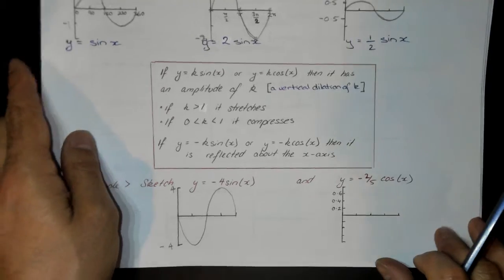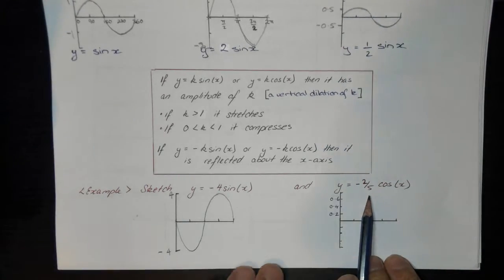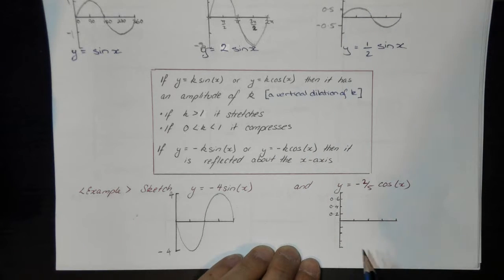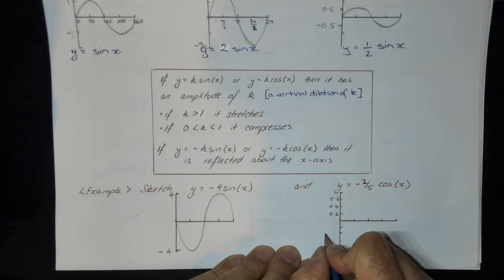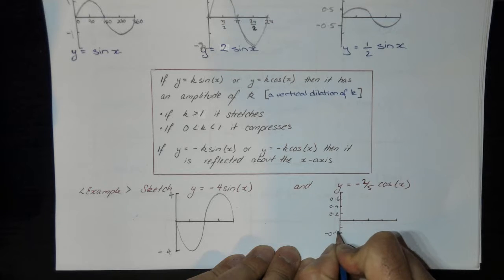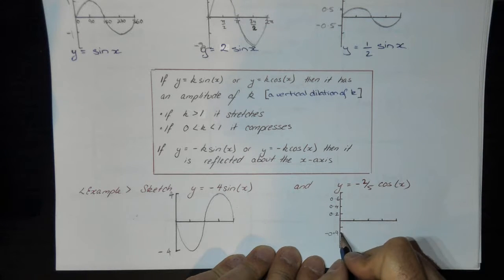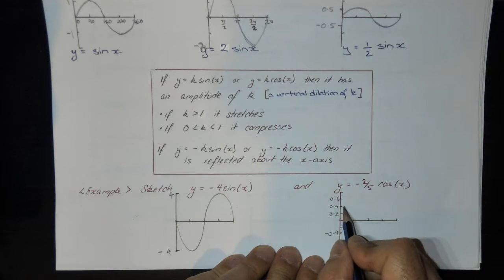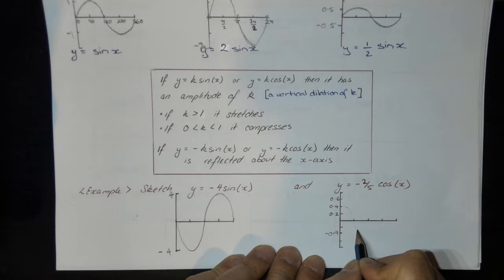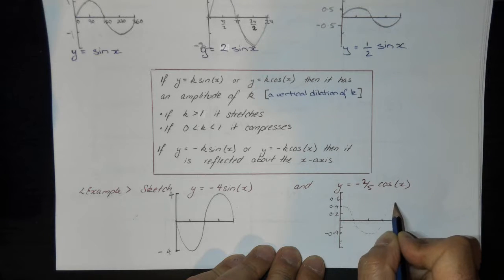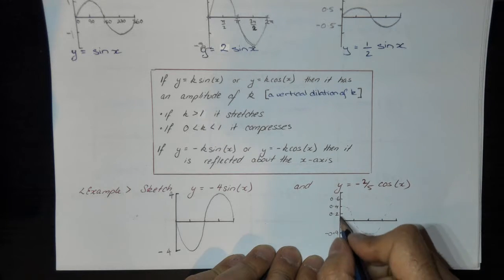Okay, this one we've got negative 2 fifths of cos x, so 2 fifths is 0.4, and it's a reflection. So originally the cos function will look like that, but we're going to reflect it.